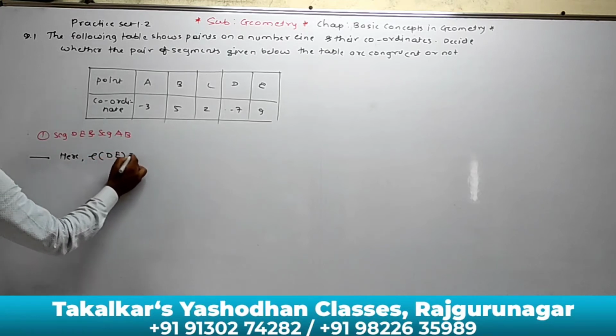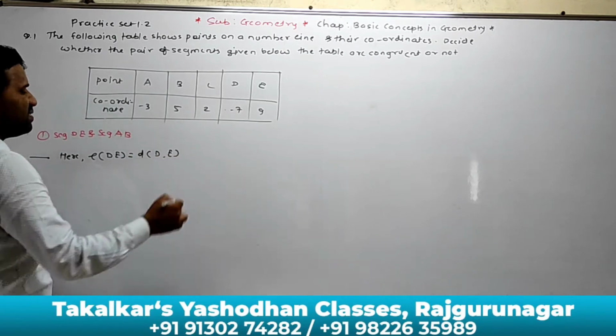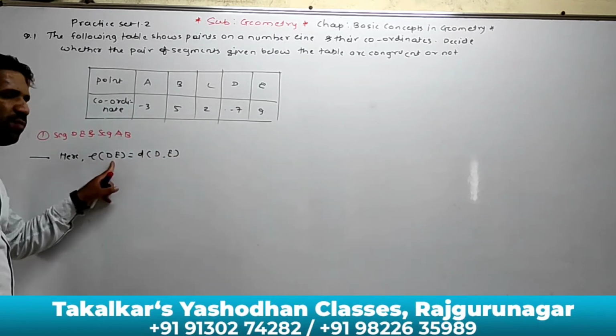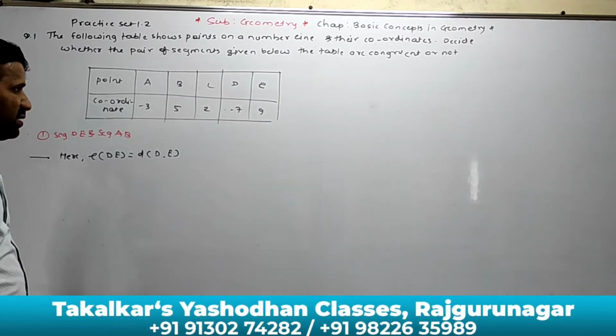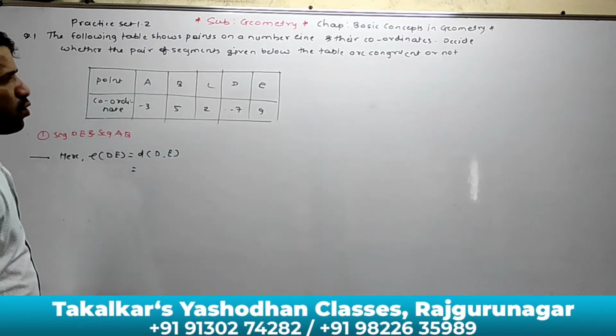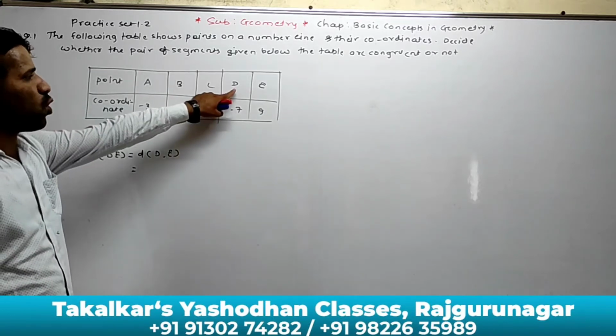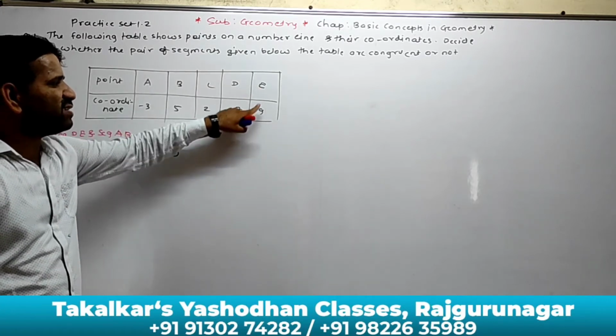Length of DE is equal to distance between D and E. D आणि E मधलं डिस्टन्स कसं फाइंड आउट करायचं? स्मॉलर कोऑर्डिनेट हा बिगर कोऑर्डिनेट मधून सबट्रॅक्ट करायचा. What is the coordinate of D? -7. What is the coordinate of E? 9. Which one is bigger? 9.